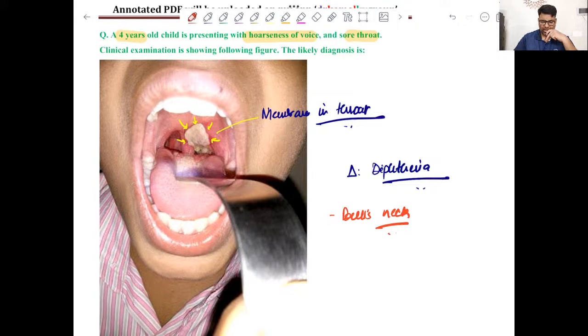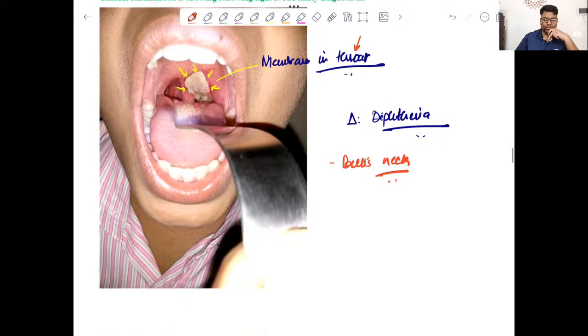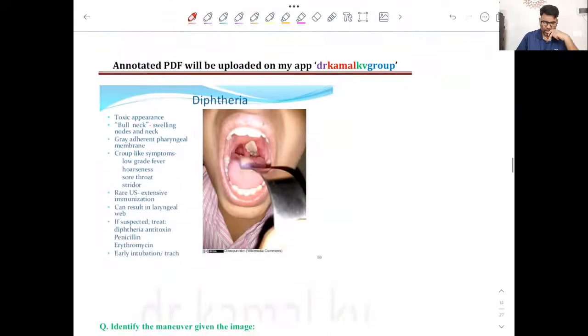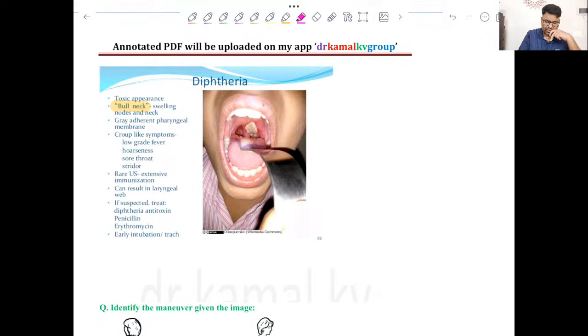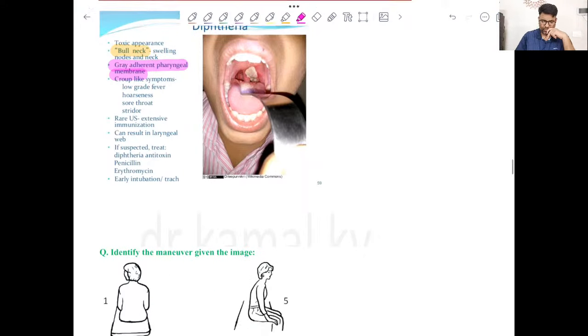So a classical case of diphtheria. Membrane in throat is a very important clue here, and you can see there is a classical membrane in the posterior pharynx. There is bull neck, which is enlargement of lymph nodes, right? And we can see a pharyngeal membrane. Okay, so that is very important for making a diagnosis of diphtheria.